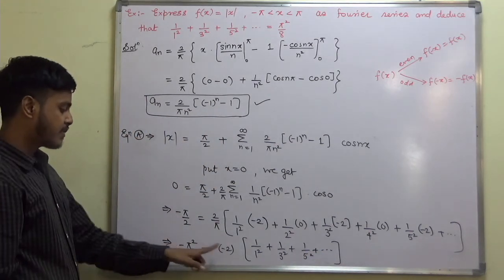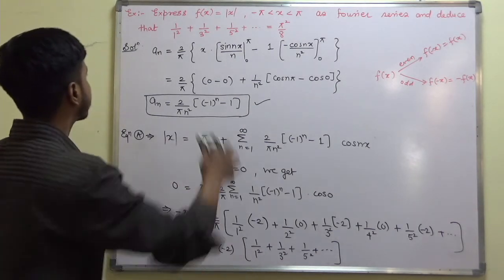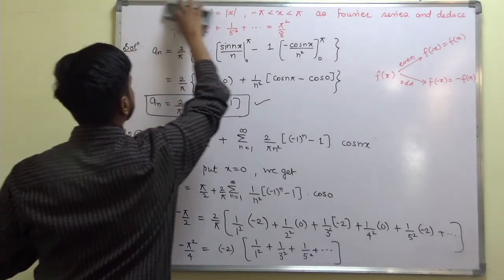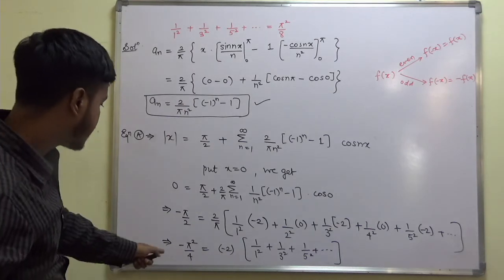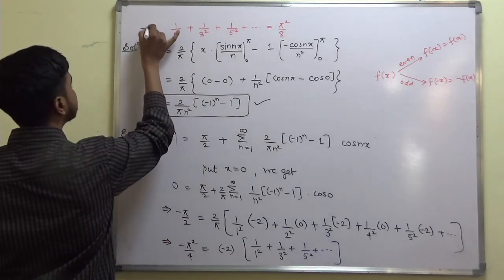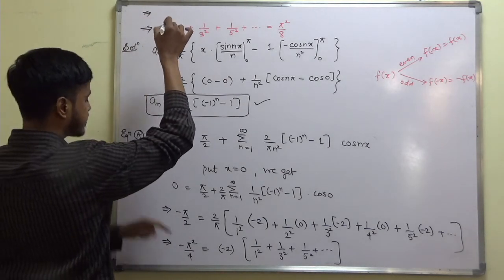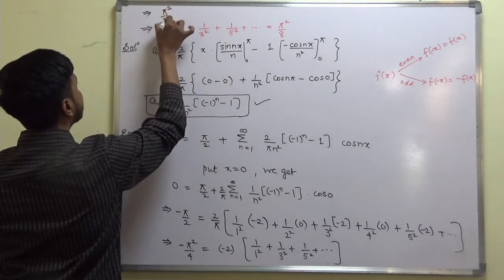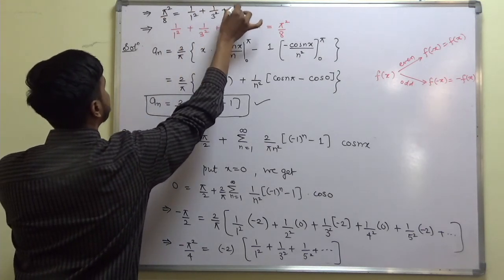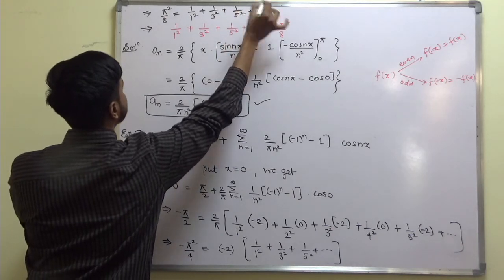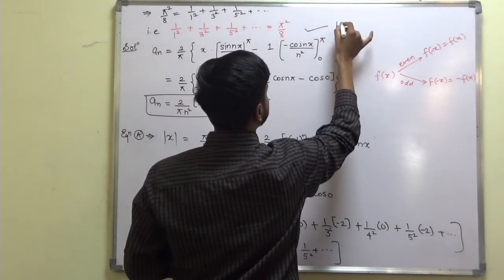So this minus minus become plus and we remain with, let me write down one step, pi square by 8 is equal to 1 upon 1 square plus 1 upon 3 square plus 1 upon 5 square plus and so on. That is this. Hence the result.